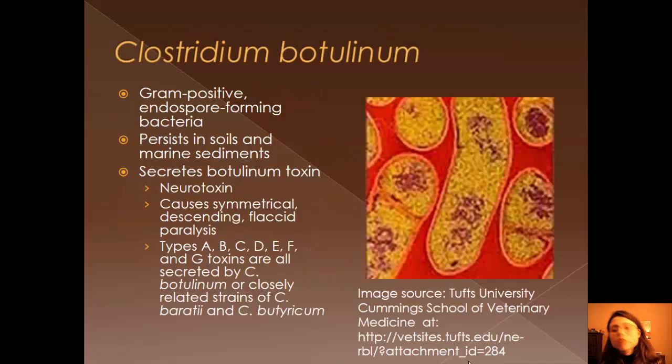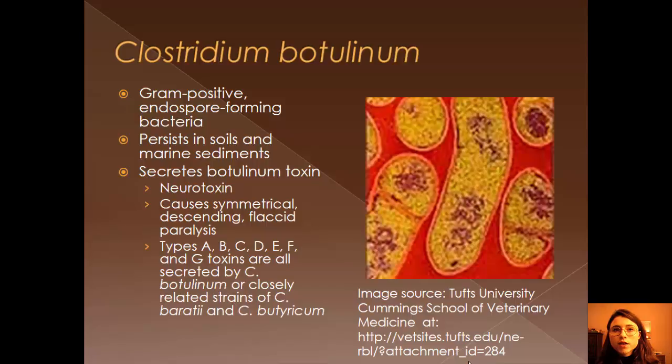Clostridium botulinum is the most common infectious agent. However, there are other species of Clostridium that do secrete these toxins, which cause botulism. Clostridium botulinum is a gram-positive endospore-forming rod-shaped bacteria. It persists in soils and marine sediments, so it's often found in the GI tracts of birds and other marine animals.